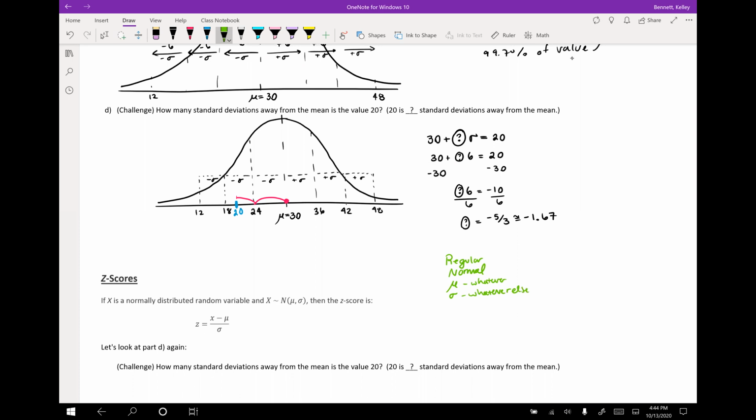Mu and sigma are just numbers that are given to us. For the standard normal, we're given that mu is equal to 0 and sigma is equal to 1.